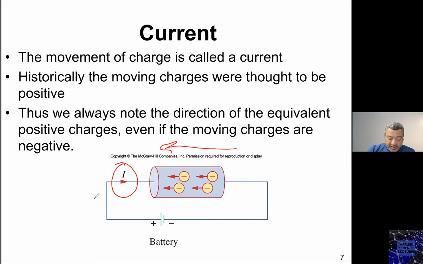So this is my positive current, not this, right? This is the direction of the electron flow. I will adopt the convention that says the positive direction of the current is opposite to the direction of the electron flow.